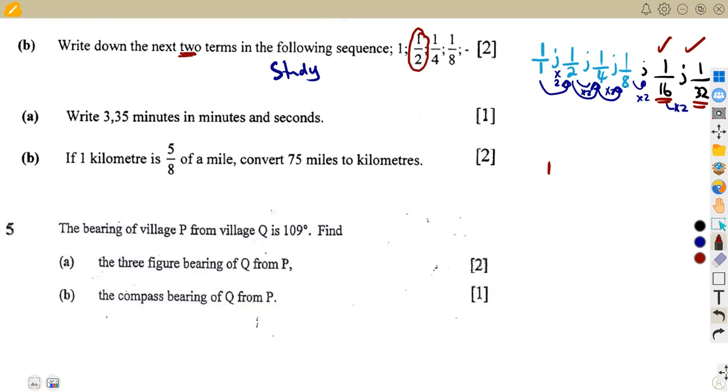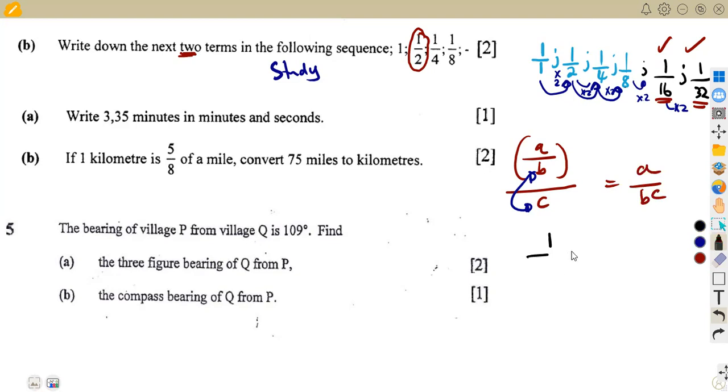If you have A over B as a single fraction, a single term, being divided by a single number C, you simply multiply the denominators together. This gives us A over BC.